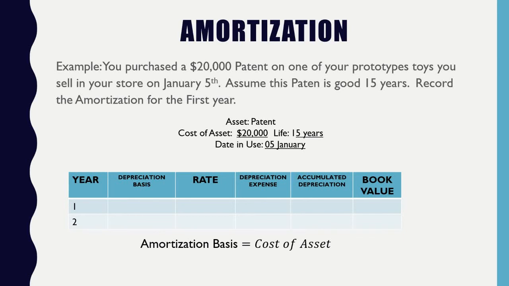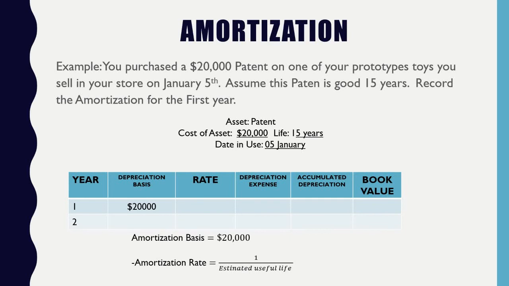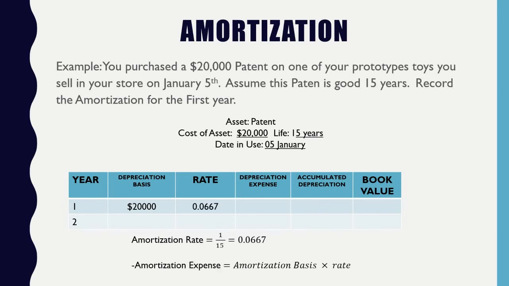Okay, so let's go ahead and record the amortization for this first year. Let's calculate it. Basis is going to be the asset cost. How much did the asset cost me? It cost me $20,000. Second thing is the estimated useful life. 1 divided by 15 is going to give you 0.06666666666666.